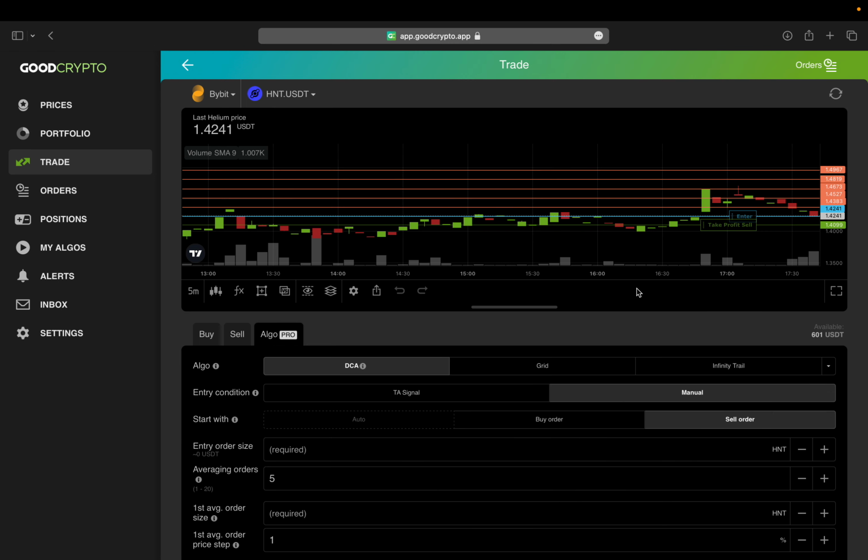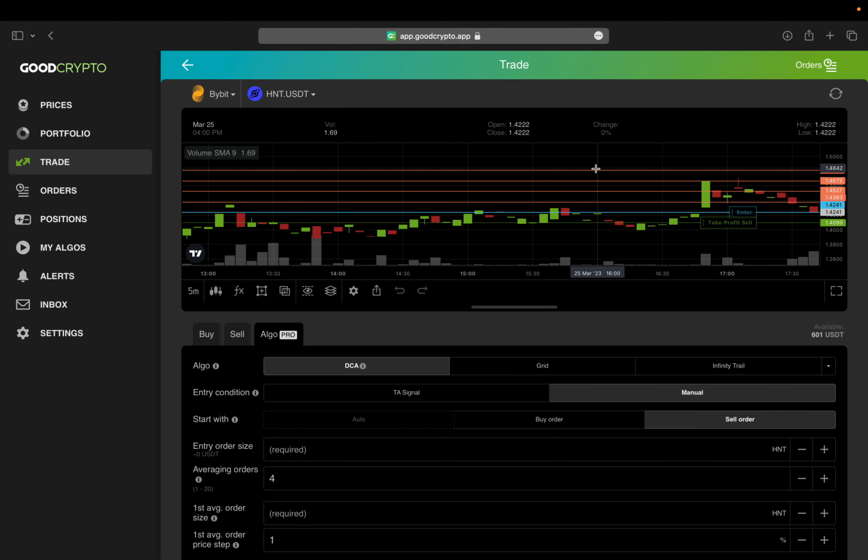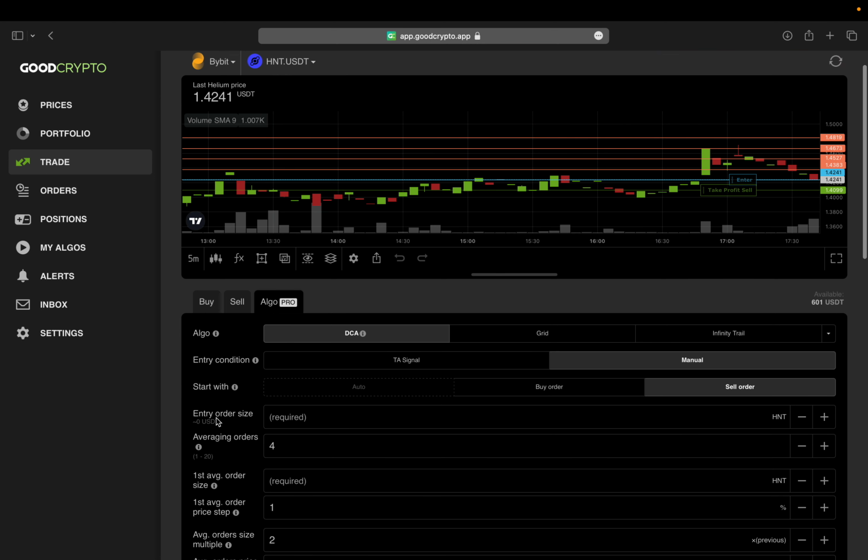You go to DCA, and you put one sell order here, and then use these averaging orders. Those are still sell orders. So instead of having one sell order, you actually have 6 sell orders. Maybe you just want 5 of them, so it's one entry and 4 averaging, 5 orders in total. As I said, you can adjust their sizes.